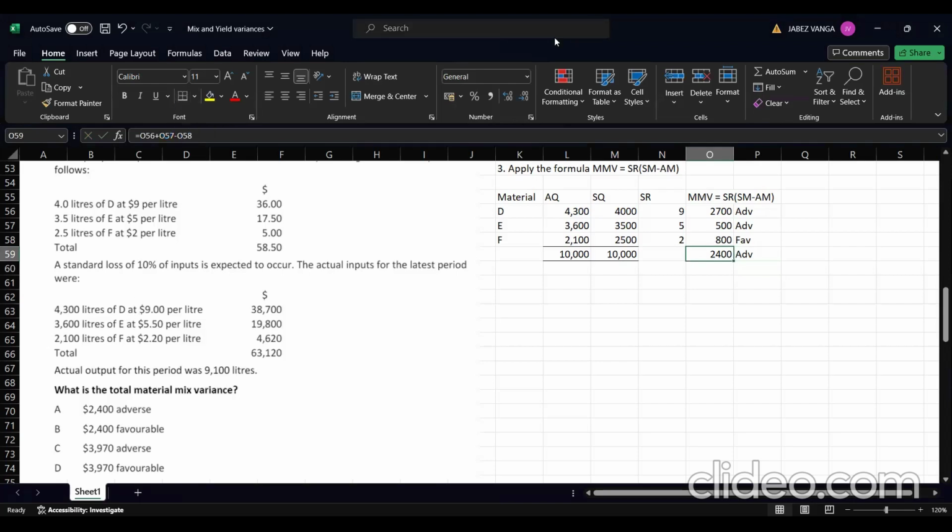So the answer is option A, 2,400 adverse.